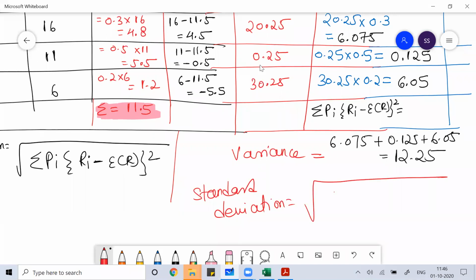Standard deviation is the square root of the summation of pi into (ri minus er) whole square.